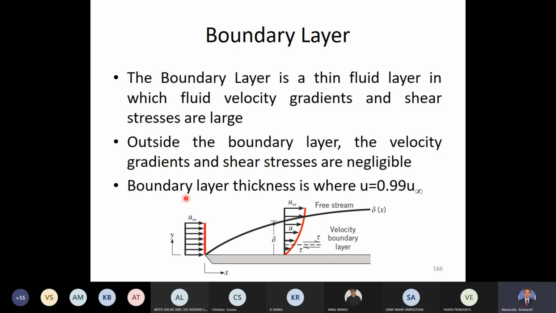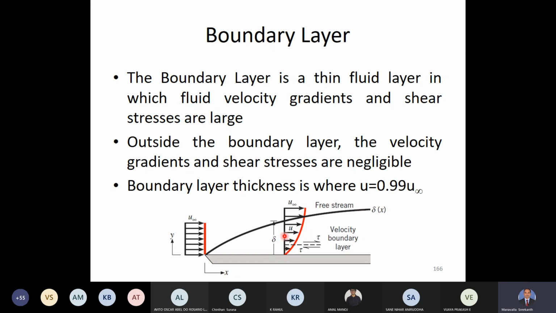Now, there is this concept of boundary layer thickness. So what is this boundary layer thickness? It is the thickness where the velocity is equal to 0.99 times the free stream velocity, or 99% of the free stream velocity. Therefore, you can see here at the point on the plate, the velocity is zero because of the no slip condition.